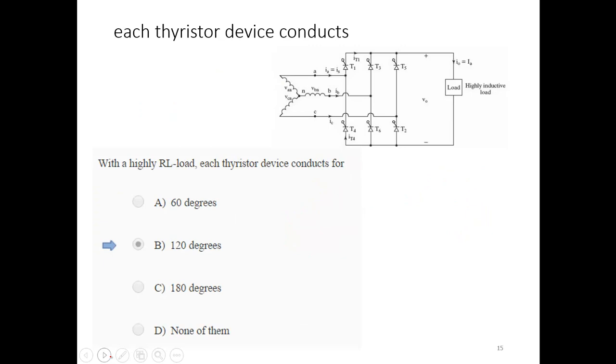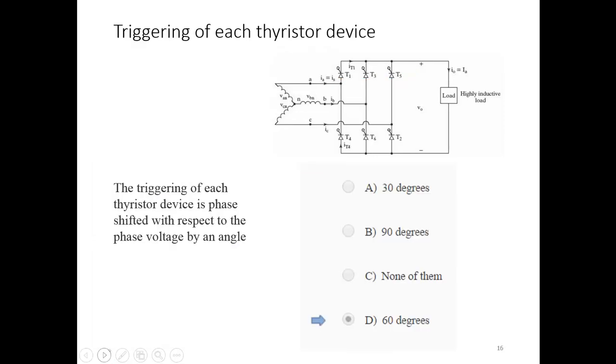And for the RL load, each thyristor conducts for how many degrees? There are 3 of them, so each thyristor will conduct for 120 degrees. The triggering of the thyristors is phase shifted by 60 degrees. Why?